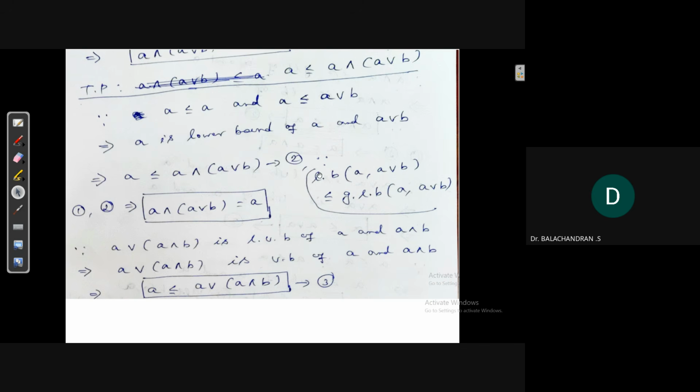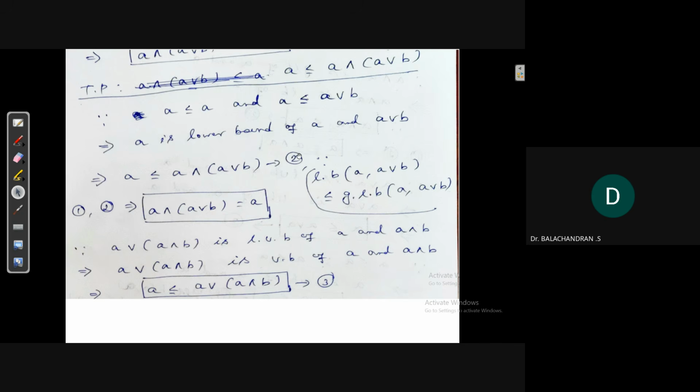So a lower bound of A comma A or B is less than or equal to the greatest lower bound of the same thing, A comma A or B. The lower bound of A comma A or B is A. So the left side A is less than or equal to the greatest lower bound of these two, which by notation is A and (A or B).